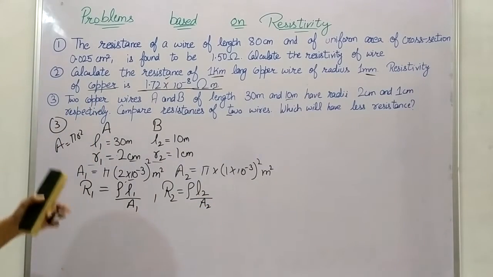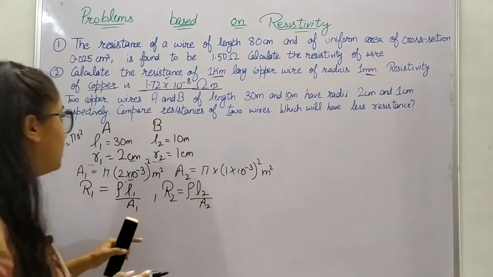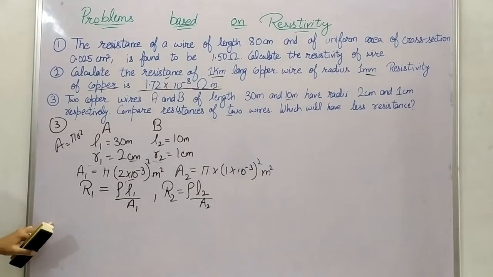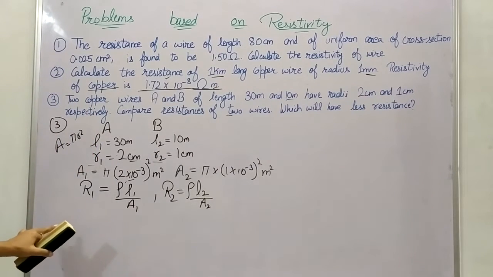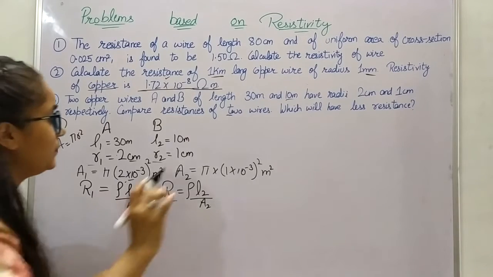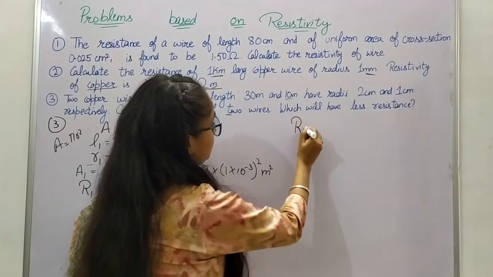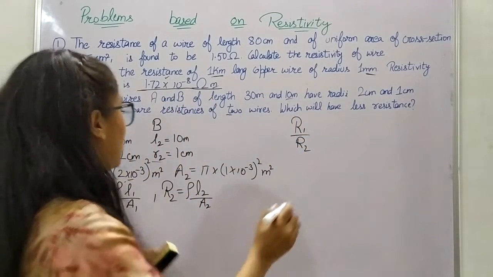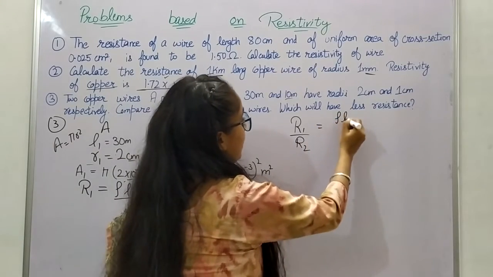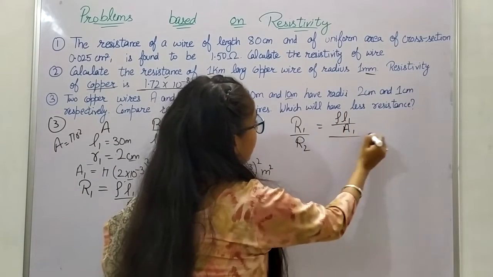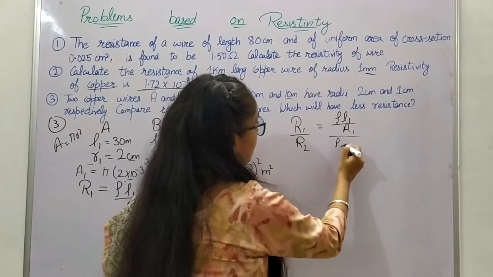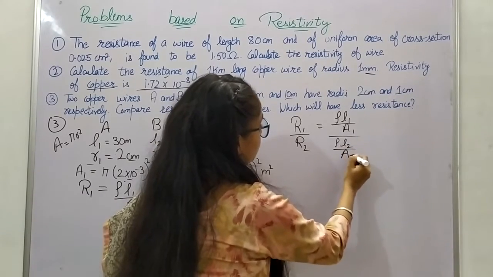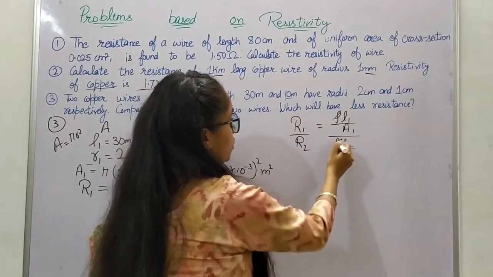Now we have to compare the resistances. To compare them, we will divide R1 by R2. This is how we will compare it. The value of R1 is rho L1 over A1 and the value of R2 is rho L2 over A2, so rho and rho would cancel.